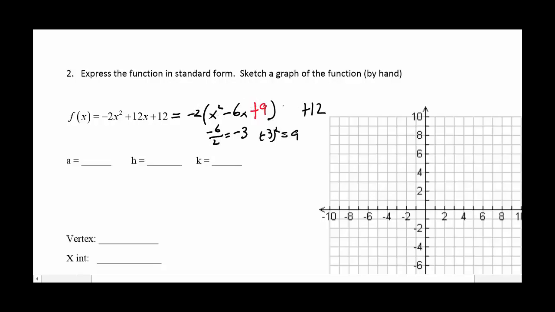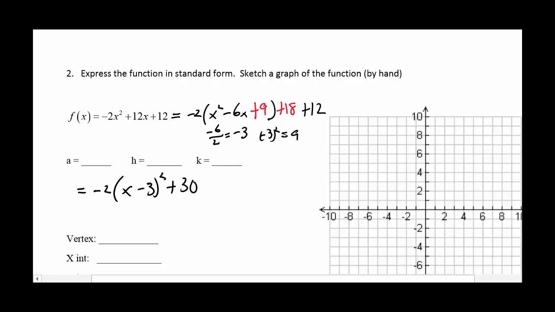So to balance it, I want to add 18 to that one. Then when I put it back into vertex form, negative 2 times x minus 3 squared plus 30.